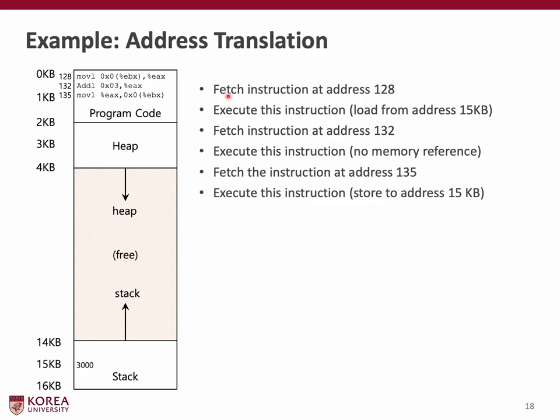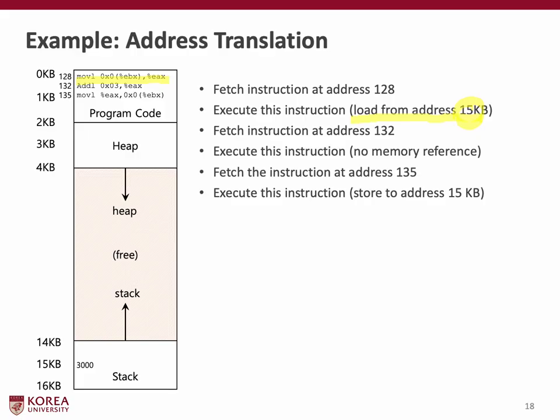Okay, then let's trace what happens step by step. The CPU fetches the first instruction at address 128. That is the first instruction stored here, right? Then the CPU fetches this instruction from the memory, and then it executes this instruction by loading the value from address 15 kilobyte.